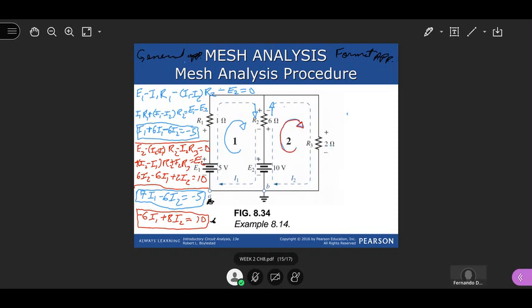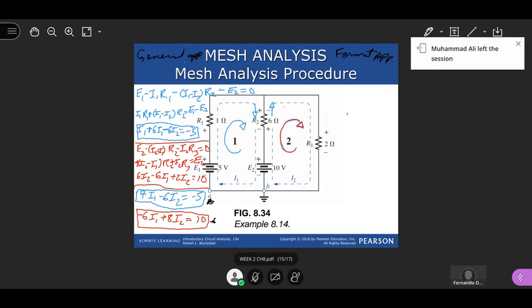What you're going to do first is your equation number one, which is going to be in blue. You add all the resistances that current one goes through, and then you multiply by current one. Let's do that.